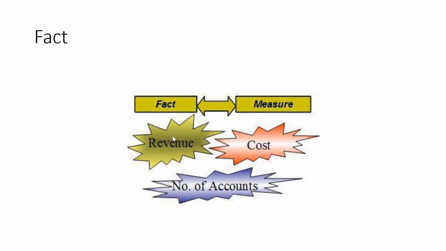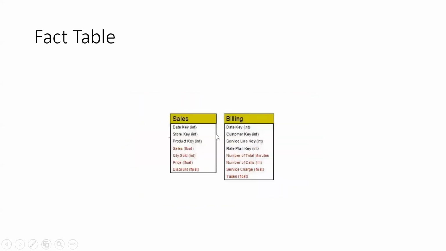So what are facts and measures? A quick example: revenue of a company, costing for a particular product, number of accounts, all those things that are quantifiable are called facts or measures. If we store these facts or measures in a particular table, that is called a fact table. Over here, like sales tables and billing tables, the red highlighted columns are called facts.